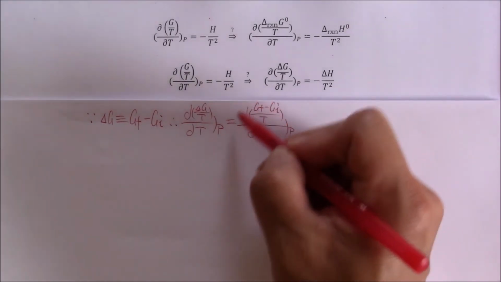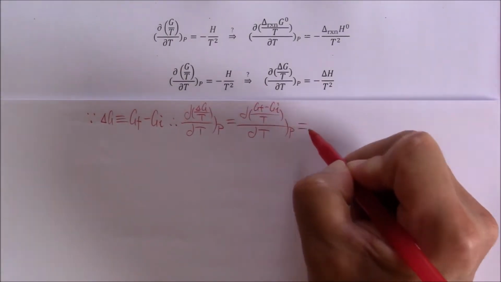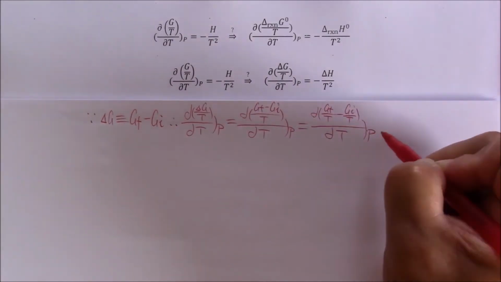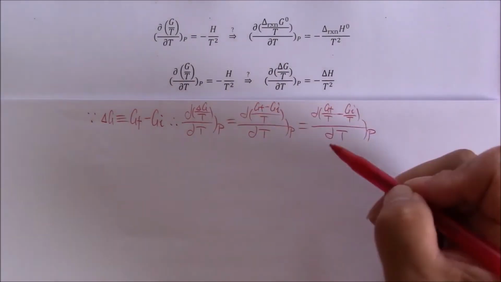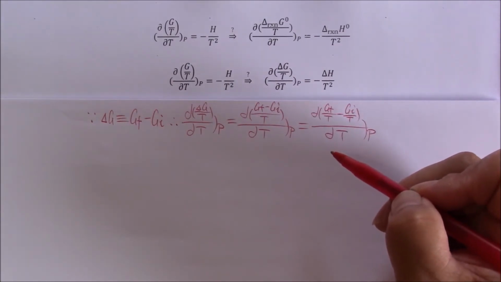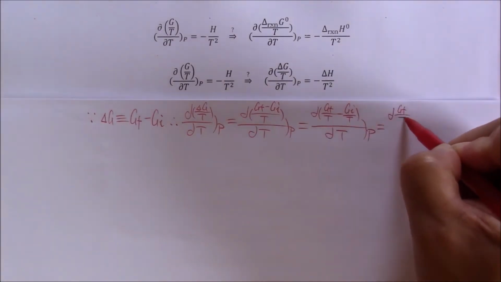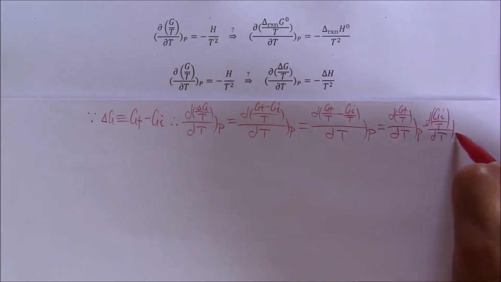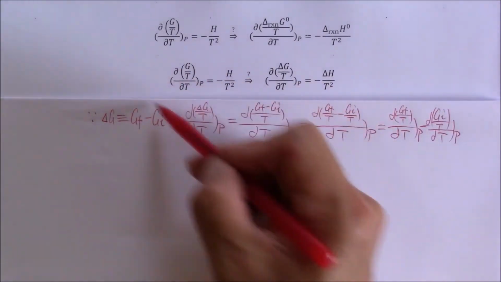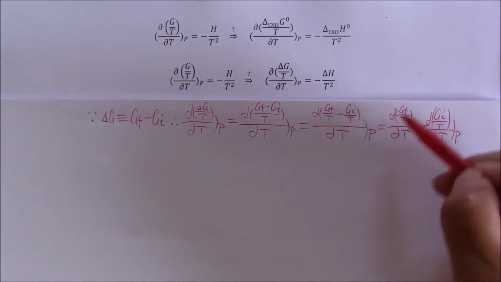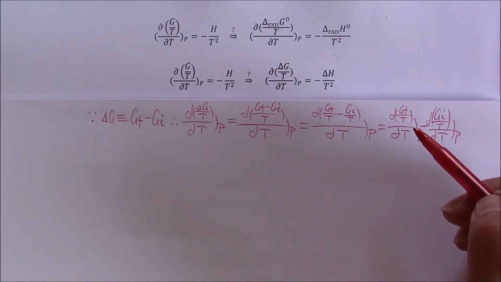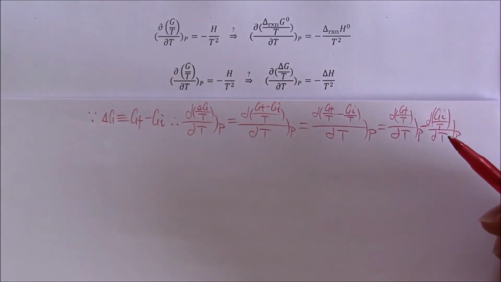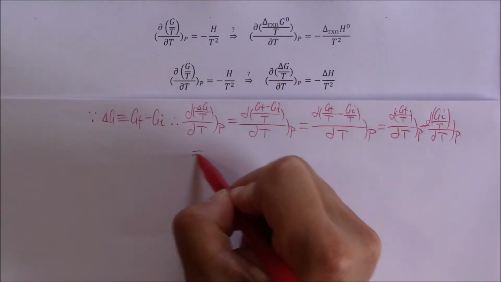Mathematically, we can break this down into two terms. From the property of partial derivatives, this partial derivative can be turned into two partial derivatives. From the Gibbs-Helmholtz equation, the first partial derivative is equal to negative H_F over T squared. The second partial derivative is equal to negative H_I over T squared.